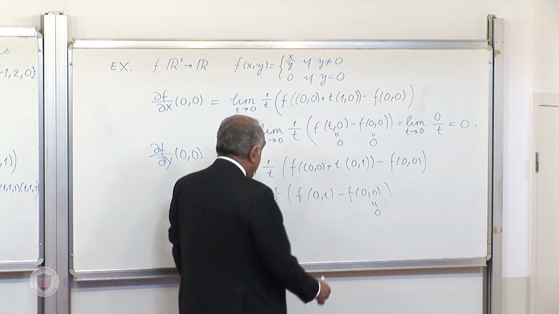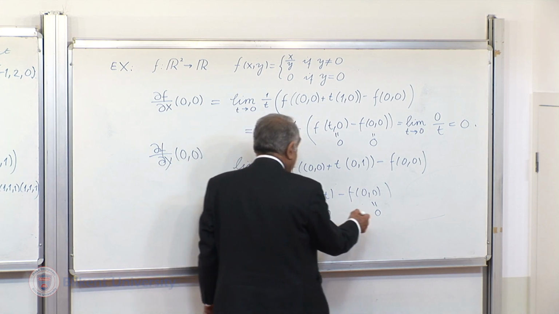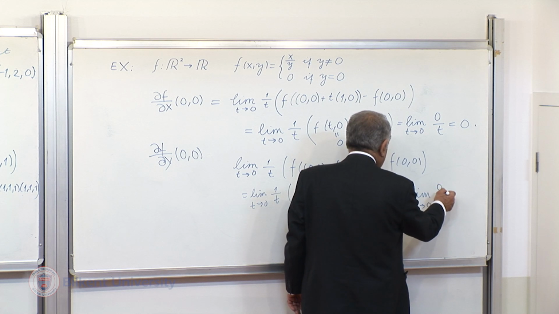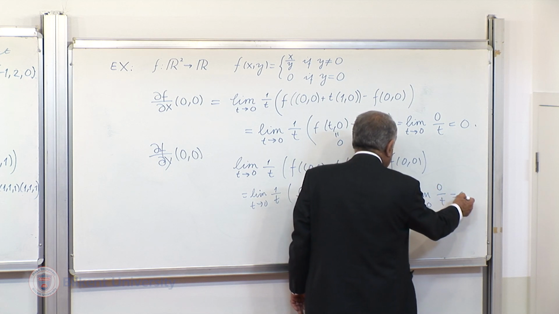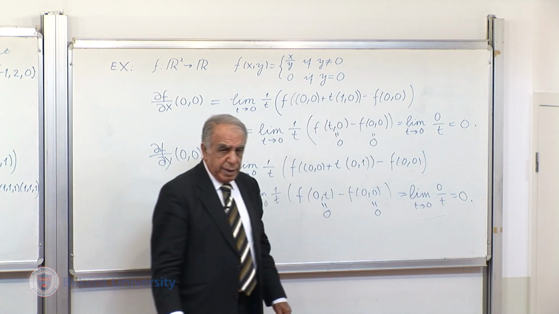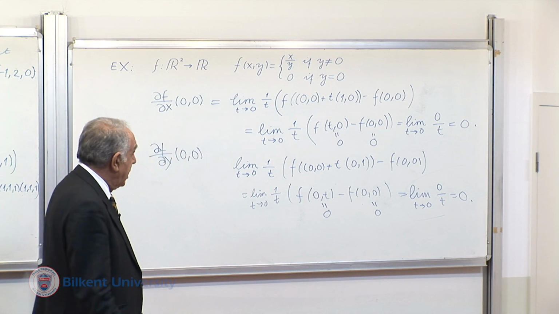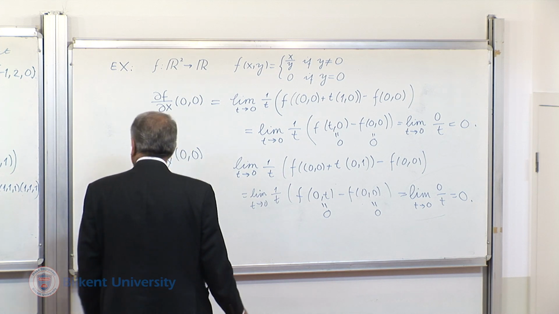This will be 0 again. So this again will be the limit of 0 over t as t tends to 0. This is equal to 0. So both partial derivatives exist and they're equal to 0.